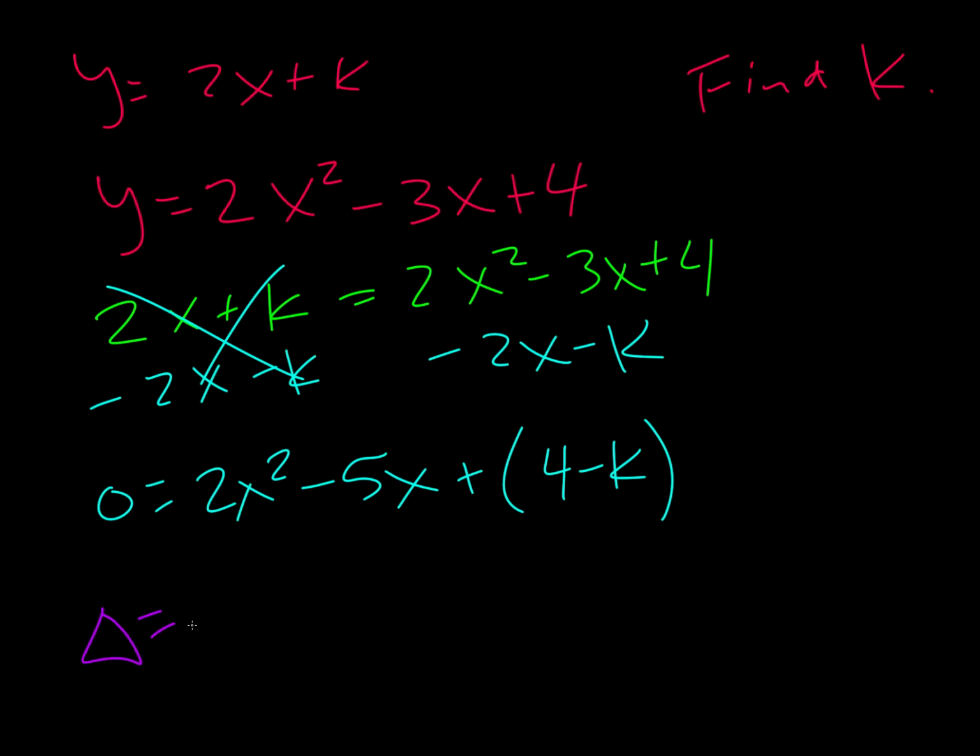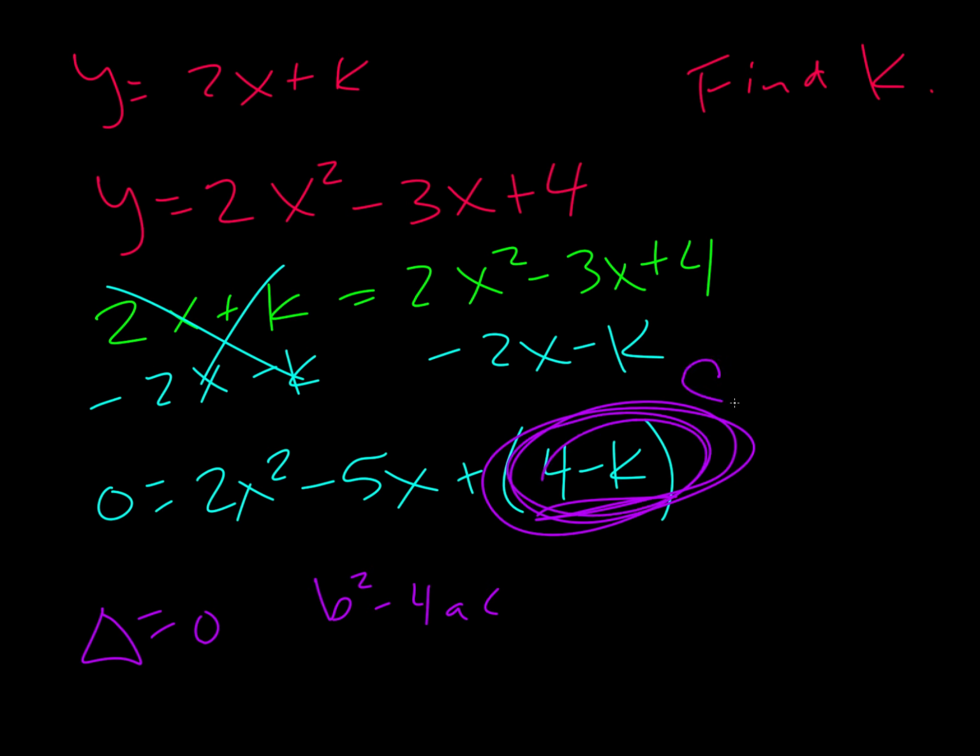So the discriminant needs to equal 0 because we only want it to cross one time for this function. And so once again, that's b squared minus 4ac. And so we're going to think of this entire thing as our c, and then this is our b, and this is our a. So we get negative 5 squared minus 4 times 2 times 4 minus k.